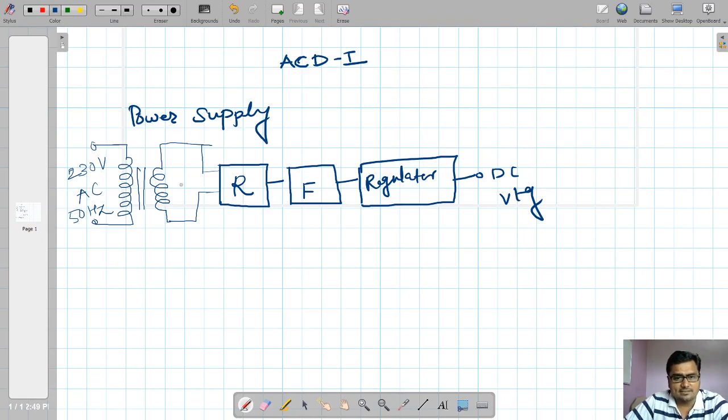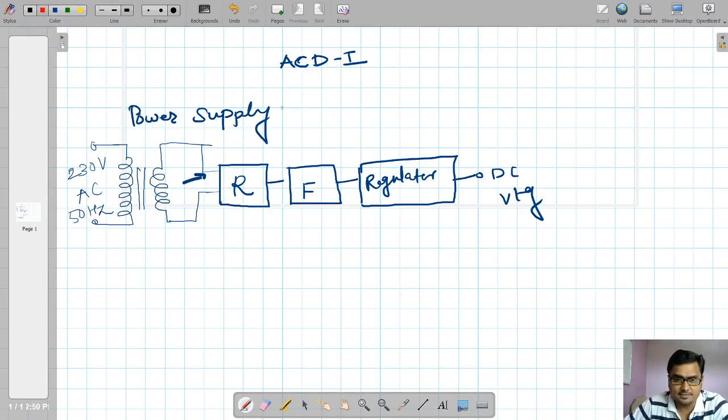Now the transformer's output is connected to the rectifier. Output of the rectifier is connected to the filter, output of the filter is connected to the regulator, and finally I am getting constant DC voltage. So this complete power supply chain is divided into two chapters of your syllabus.